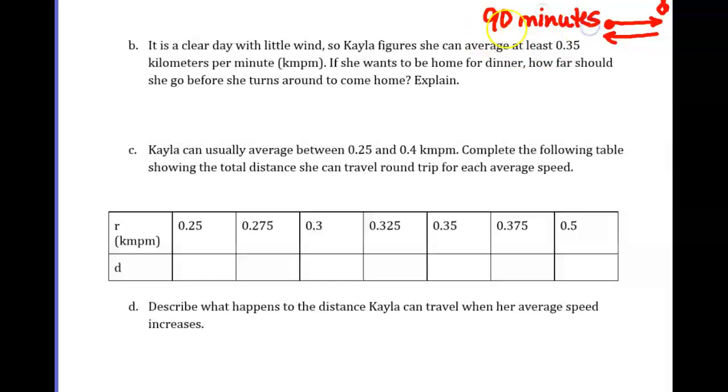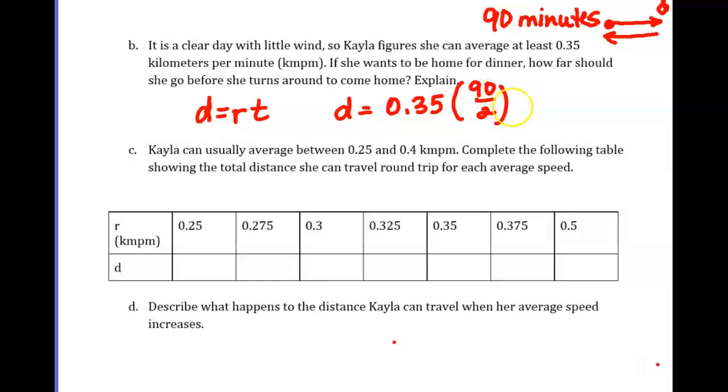So if she's traveling at a constant speed, an average of 0.35, then she can go out for 45 minutes. Our distance is going to be equal to the rate times the time. The rate she's traveling averages 0.35, and the time is 90 divided by 2, or 45 minutes, because she's going to go out and come back.